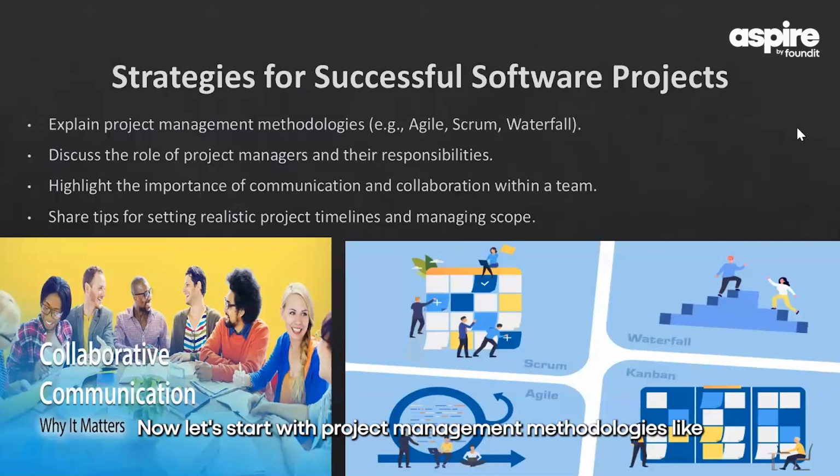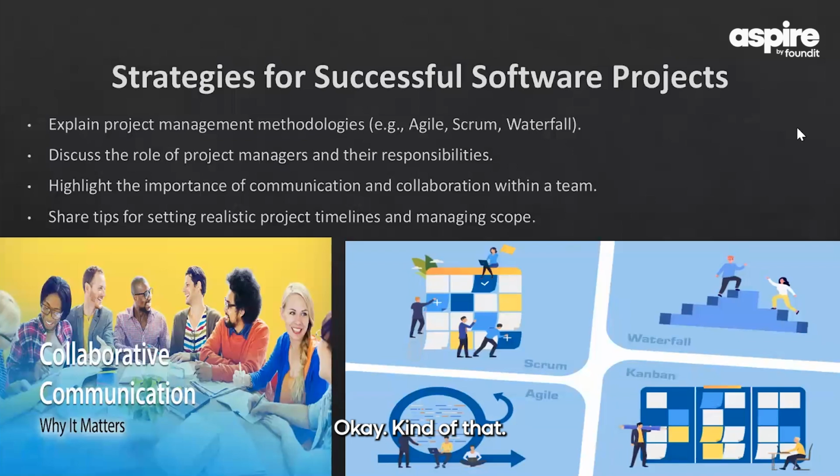Let's start with project management methodologies, which are like a roadmap for a trip. They basically tell you which way to go and where to stop. In case of software, these project management methodologies help us plan the project and decide how to work together efficiently.